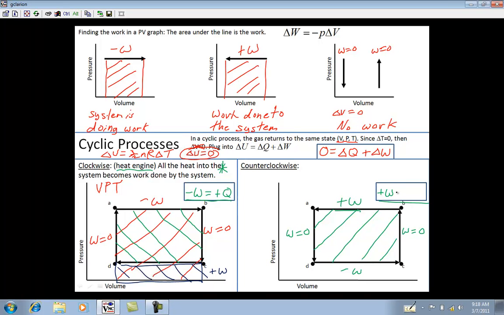Positive work is negative. Okay, so what that means is this. That means all the work done to the system becomes what? Yeah. Good. All the work done to the system becomes heat out.